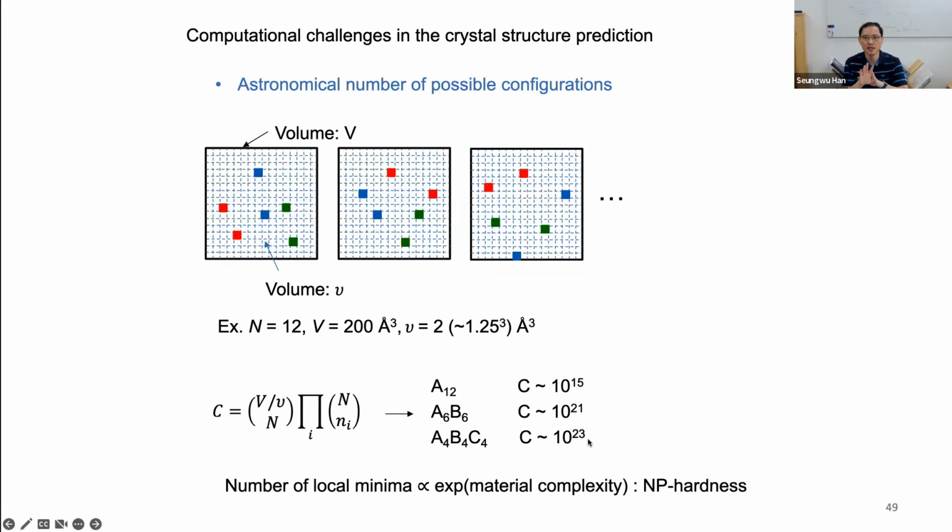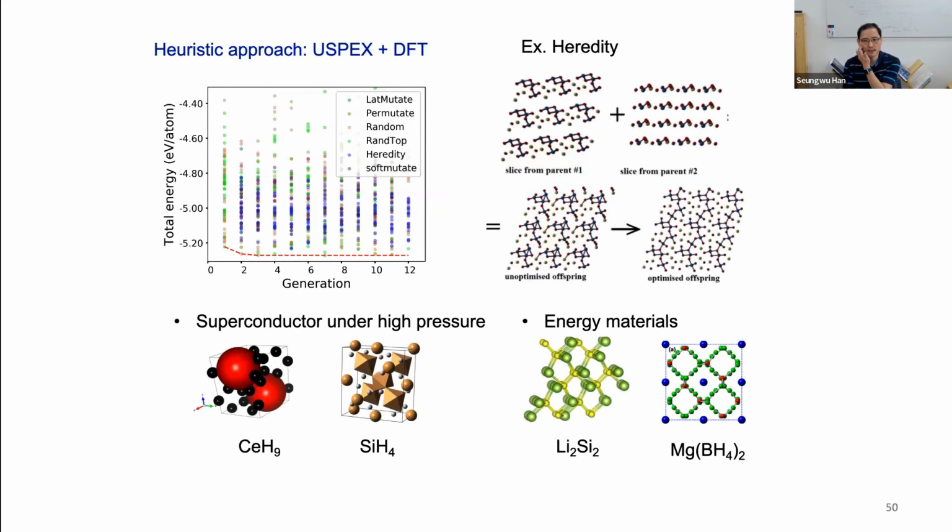It's just a meaninglessly huge number. Therefore, you cannot try every possible configuration and compare the energy, right? So instead of such brute force comparison, people have been making use of heuristic approaches, such as a genetic algorithm, with hereditary, permutation, mutation, or random generation.